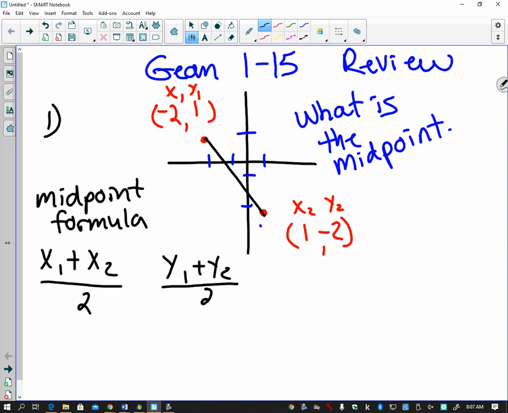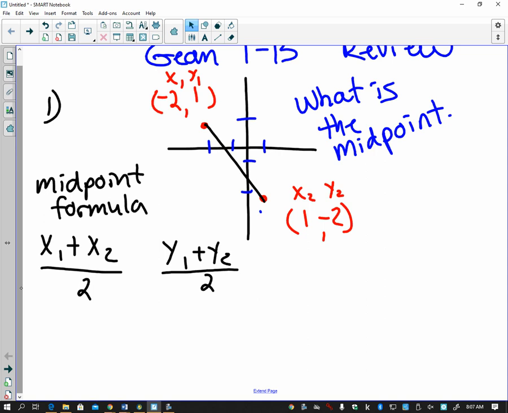In our geometry, there's a lot of different formulas that we have to know, and it's really easy to get them mixed up with one another and create some different formula that isn't going to do what we want it to do. All right, what is x1? Okay, -2 plus what?